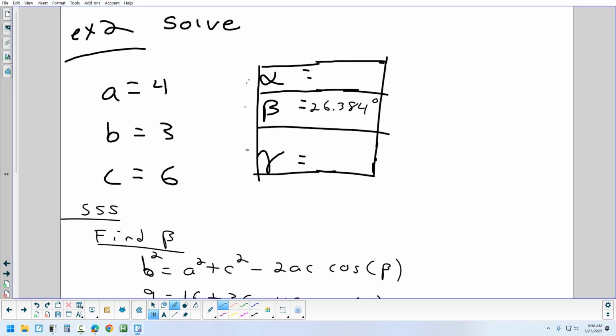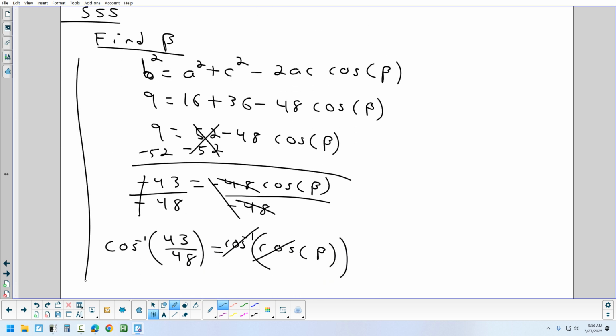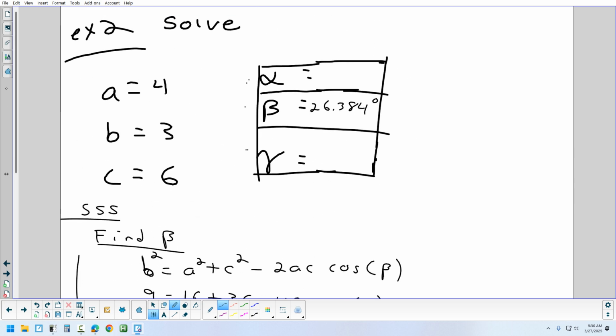Okay. Is there any question how you would run through that one more time? Okay. Once you get one more angle, you can then add them up and subtract from 180. That would be the quickest way to finish once you get the 2.